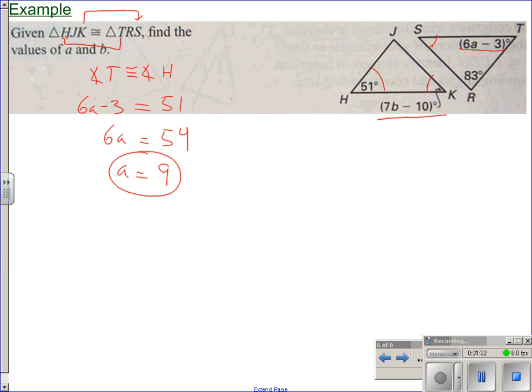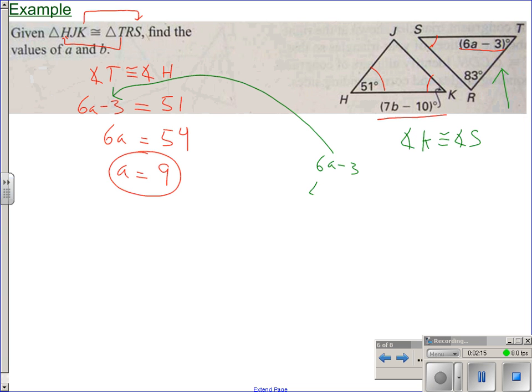Okay, so now we need to go back and talk about how to get B. We said that angle K was congruent to angle S. So in order to get B, we need to know what angle K is, which means we need to know what angle S is. So we're going to focus in on this triangle up here. We just figured out what variable A was. So 6 times A minus 3, that was what we just found out right here. That was the 51.